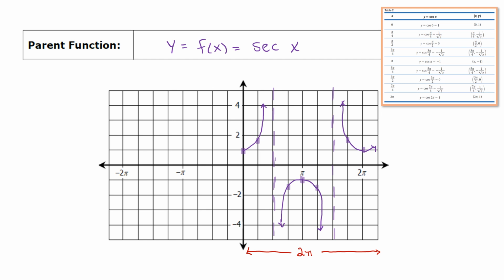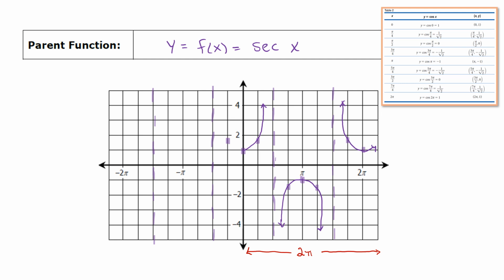So let's add our asymptotes, which will be negative pi over 2 and negative 3 pi over 2. Okay. Then we can plot our points. So negative pi over 4 would be positive 1.4, and we would have asymptote.